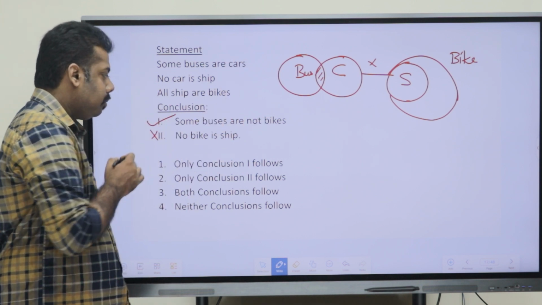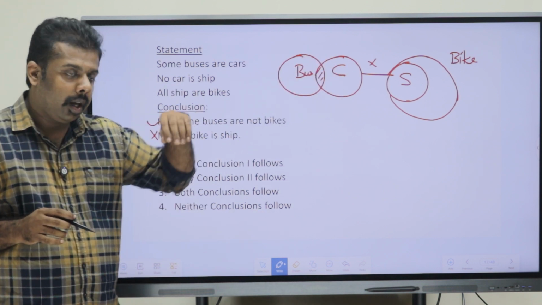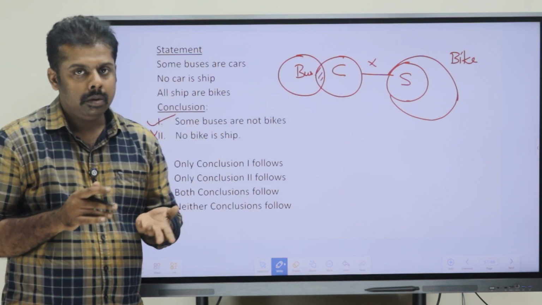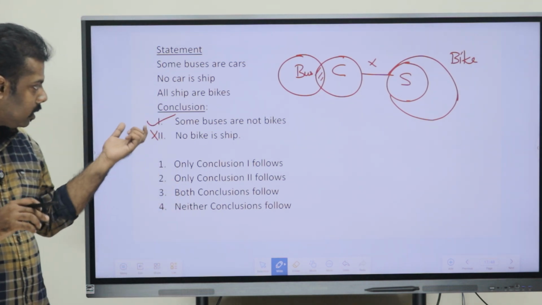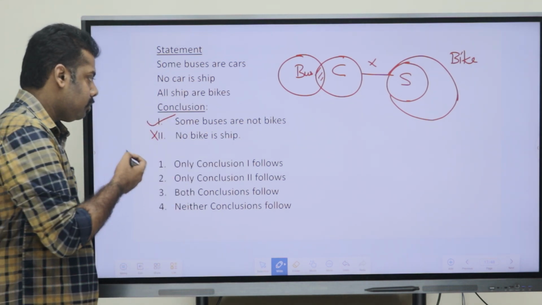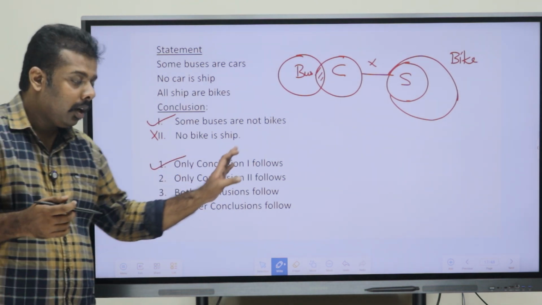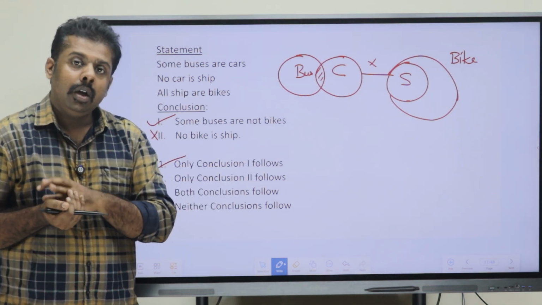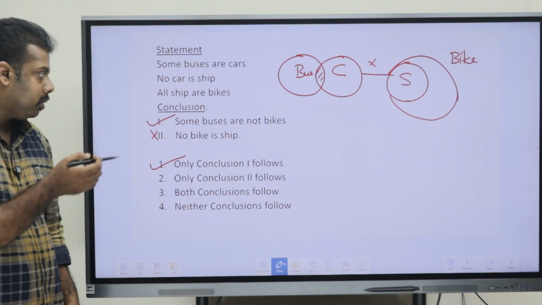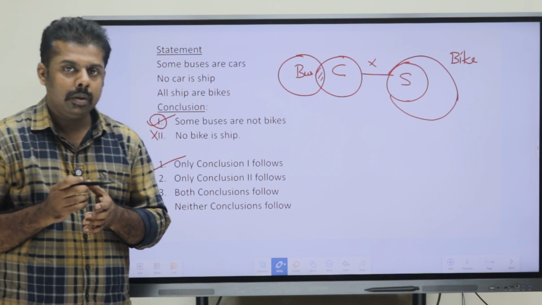No. Because we already know that all ship is bike. So can we say that no ship is bike? No, that is wrong. So here the first conclusion is right and the second is wrong. Okay. So which option is the answer here? Yeah, first option, that only conclusion 1 follows. Okay. So an important question because of the first conclusion. So I hope that you got the conclusion part of this.